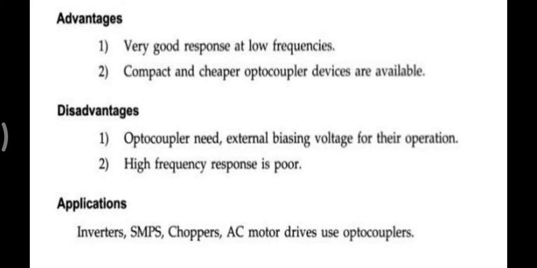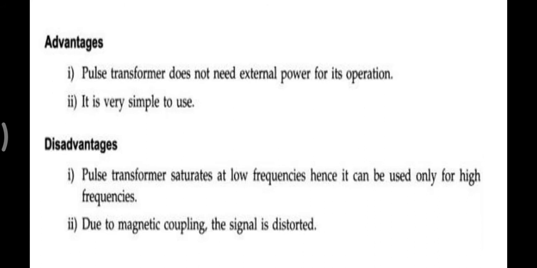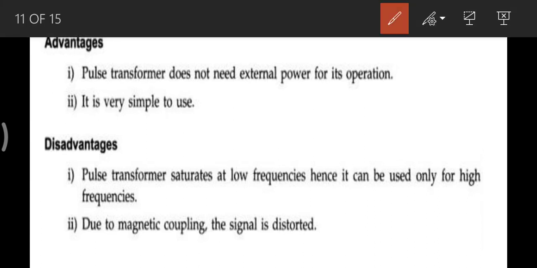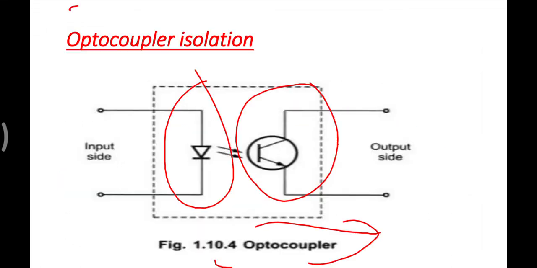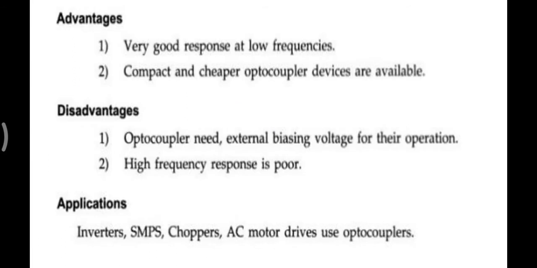One is very good response at low frequencies. The disadvantage of the pulse transformer is that it is used only for high frequencies, not for low frequencies. That disadvantage is overcome in the optocoupler. The second one is that compact and cheaper optocoupler devices are available.